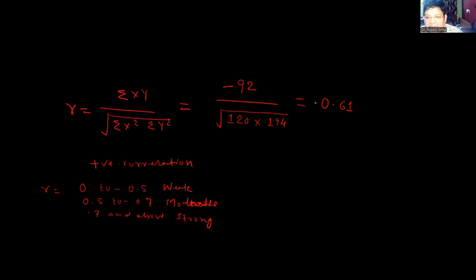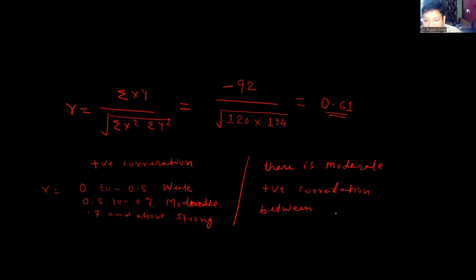Fine. So based on our value, what do you think? Can you interpret it? So this is the interpretation I'm writing, okay? There is moderate positive correlation between, we had what?